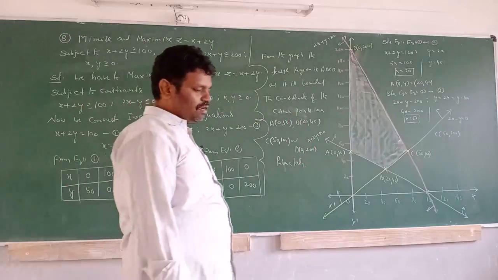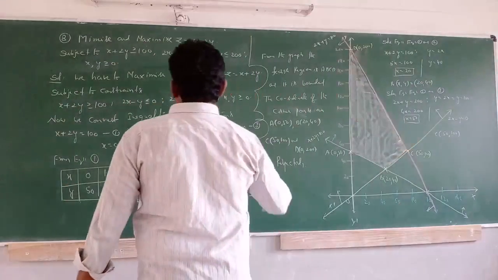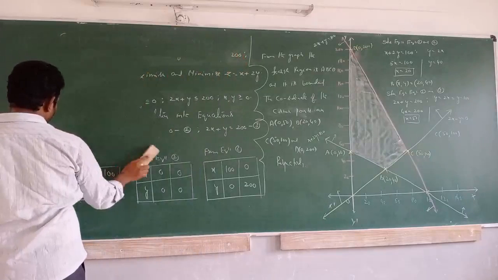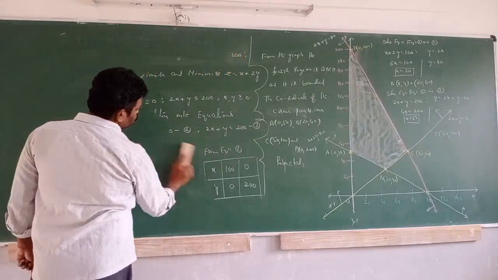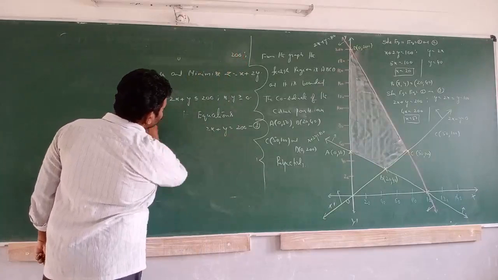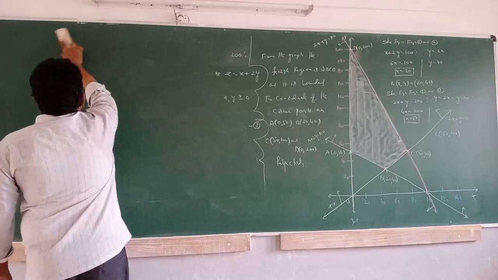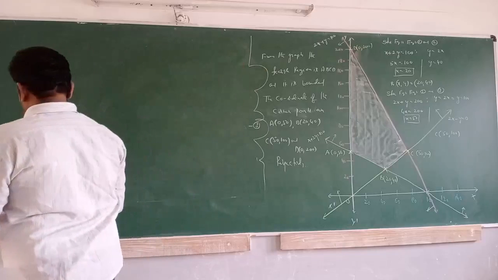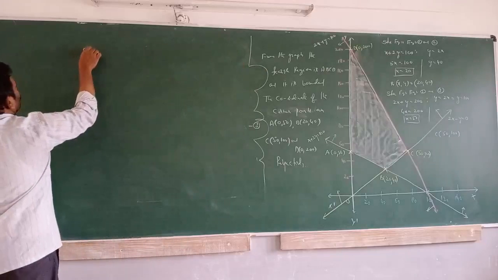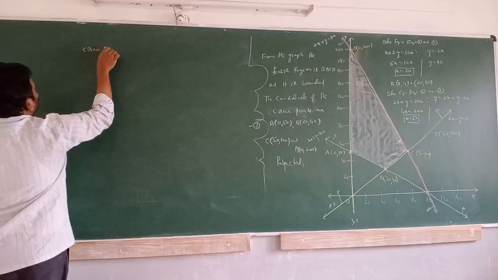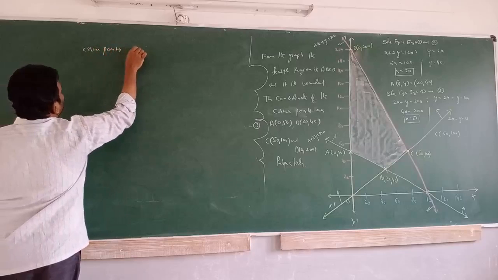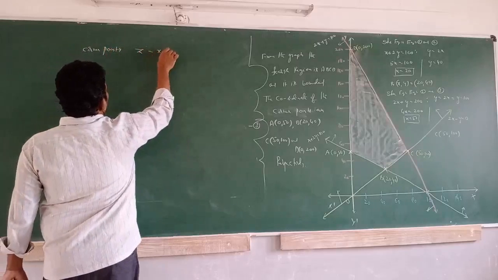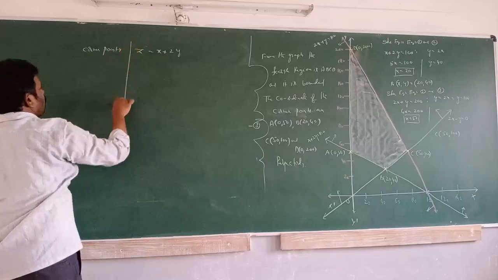But what we require are those points where the objective function becomes a minimum or maximum. So that's why we prepare the corner point table, with the corner points and z equal to x plus 2y, the objective function.